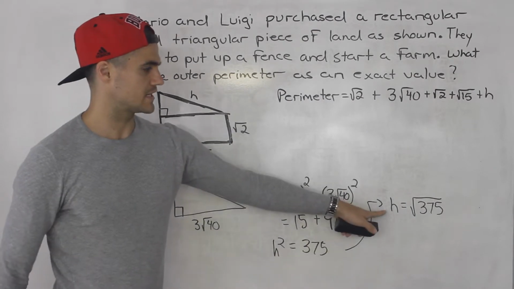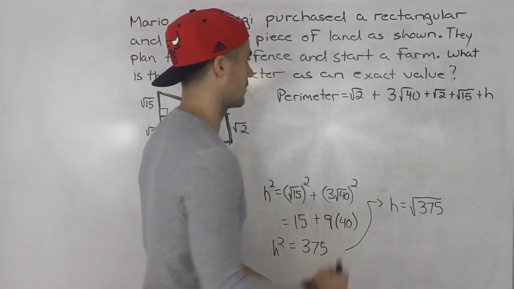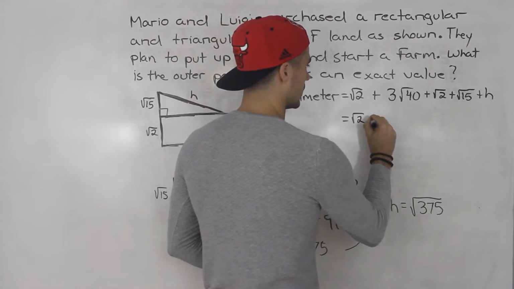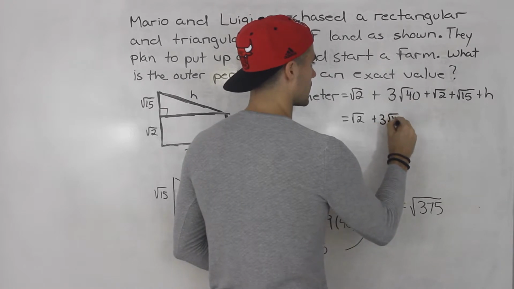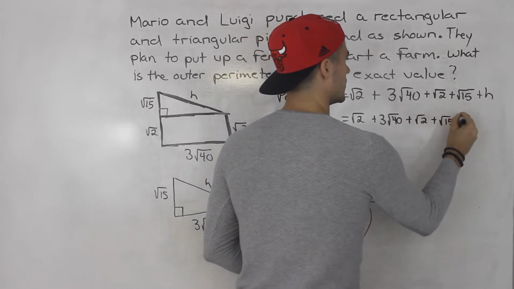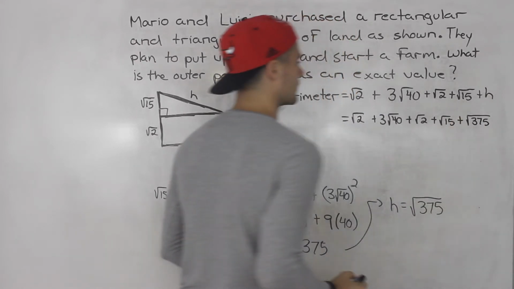Now we take that h value of root 375 and plug it in here. Rewriting everything, we'll have root 2 plus 3 root 40 plus root 2 plus root 15 plus the square root of 375 for h.